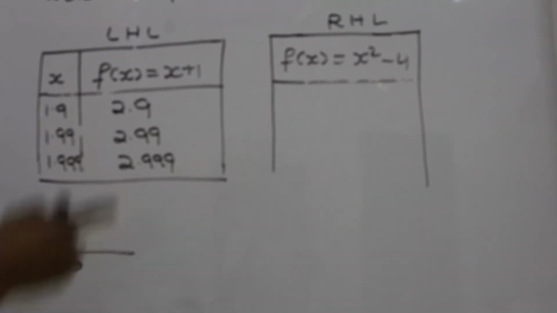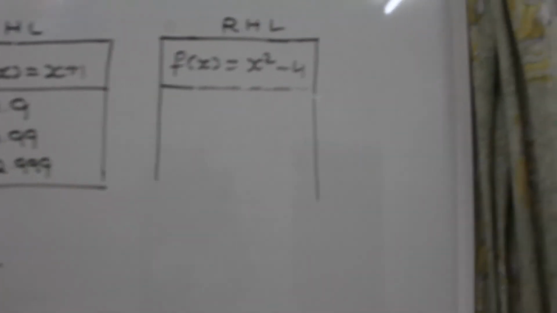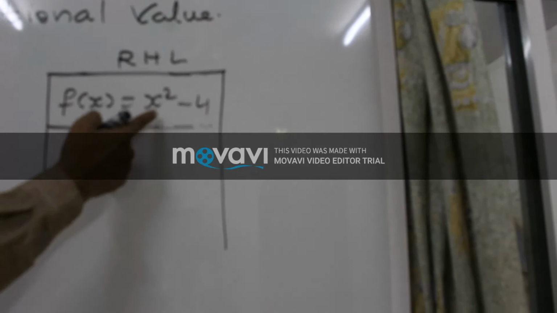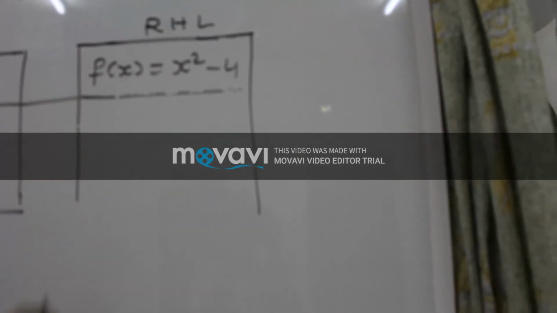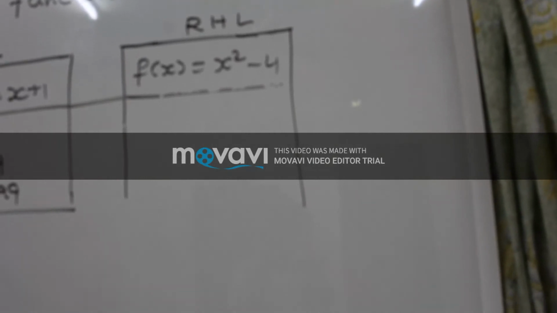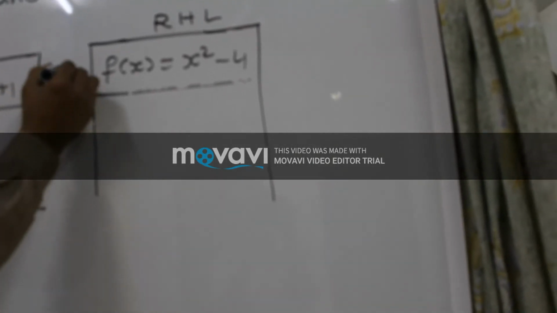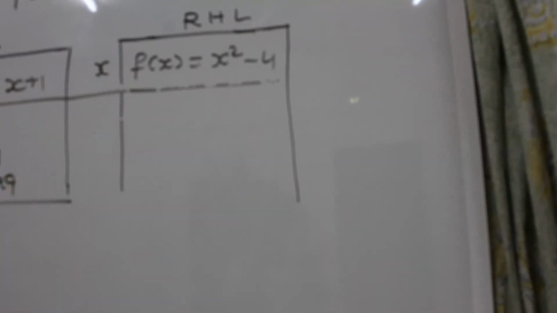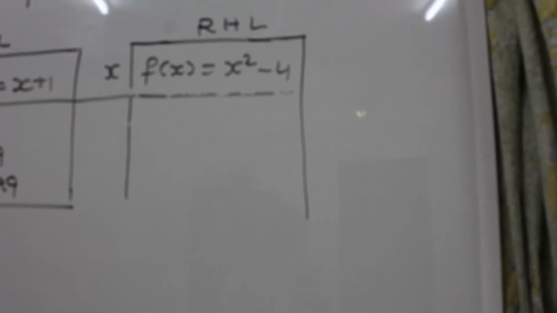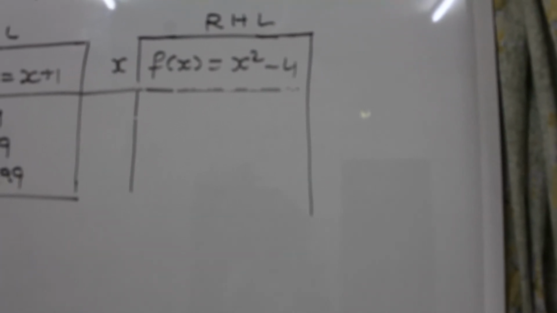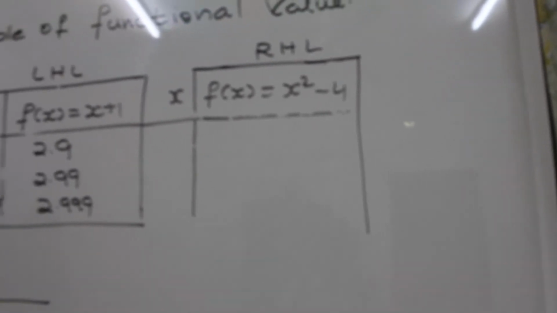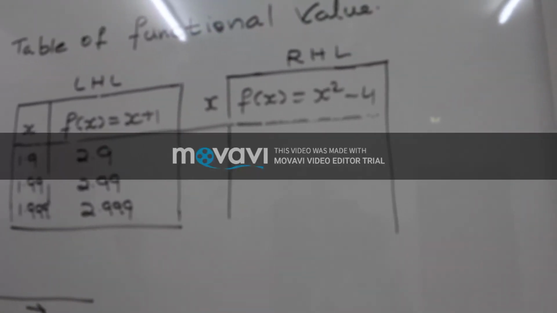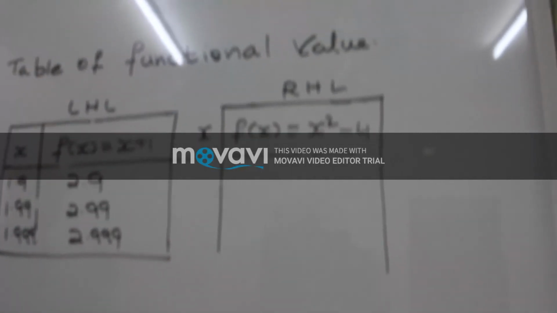Again, we have to consider the RHL values. For RHL we consider the function f of x equal to x square minus 4. I have considered values of x very close to the actual value 2, but greater than 2.